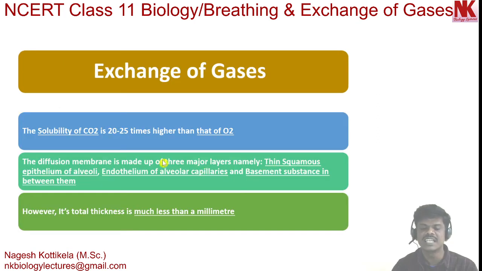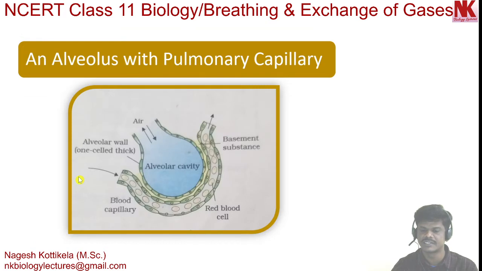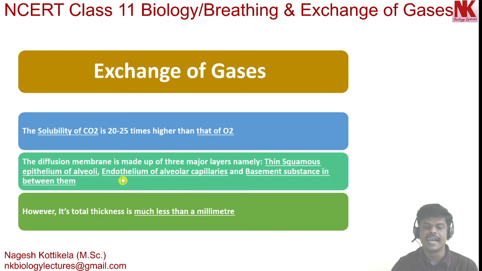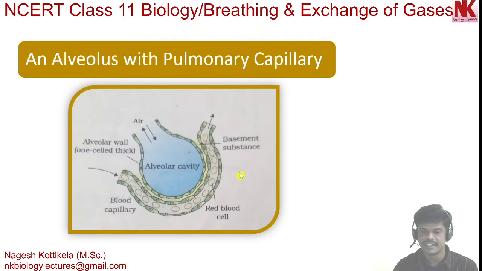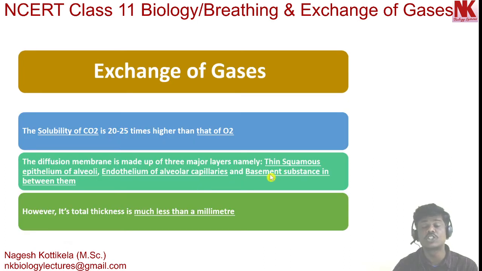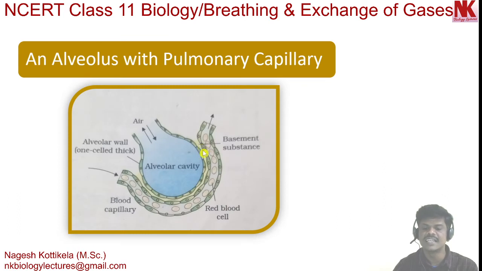The first, thin squamous epithelium of alveolus. So this is the thin squamous epithelium of alveolus. Okay. The second is the endothelium of alveolar capillary. You can see here, this is endothelium of alveolar capillary, and in between these two the basement substance, you can see this slight yellow colored substance between these two is basement substance.